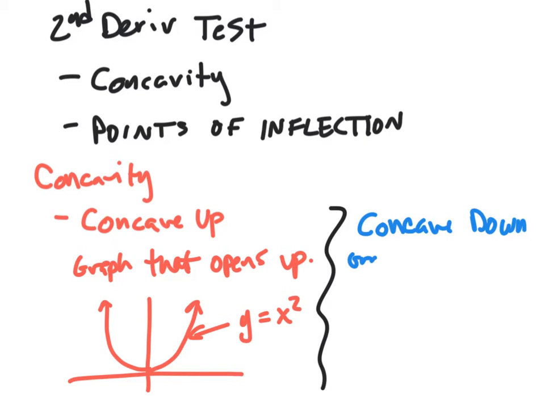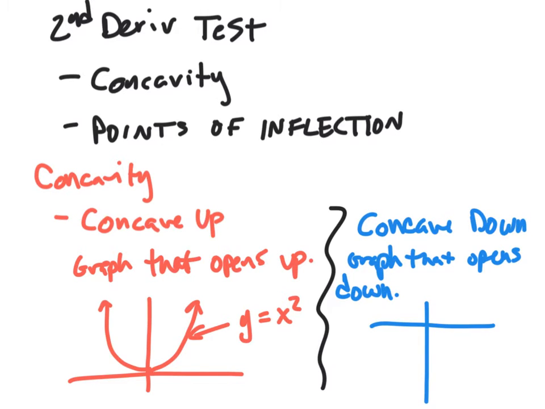An example would be y equals negative x squared. These are examples of concave up and concave down.